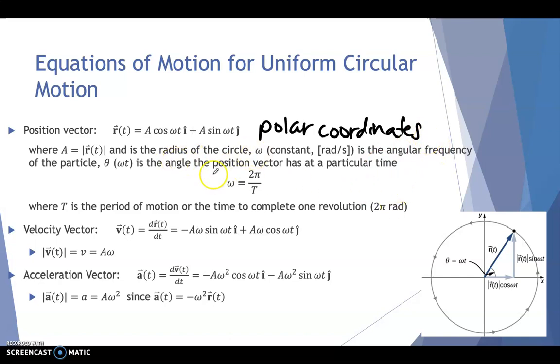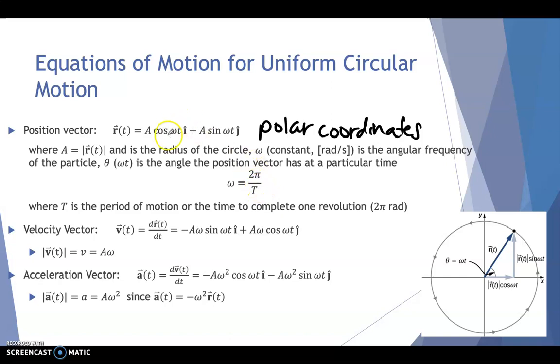So it's also described here. Omega equals 2 pi over t, where t is the period of motion, or the time to complete one revolution around a circle. Okay, so again, omega is a frequency, and t is the period of motion.